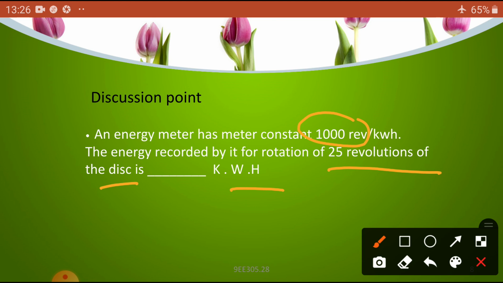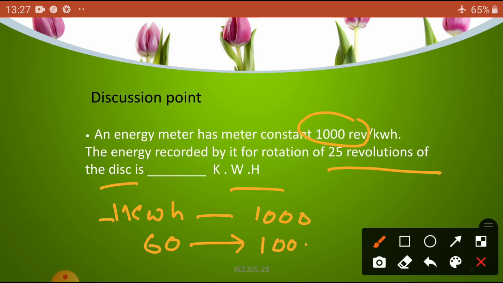Very simple. For 1 kilowatt hour, the disk rotates 1000 revolutions. That means for 1 kilowatt, in 1 hour, that is 60 minutes, it takes 1000 revolutions.